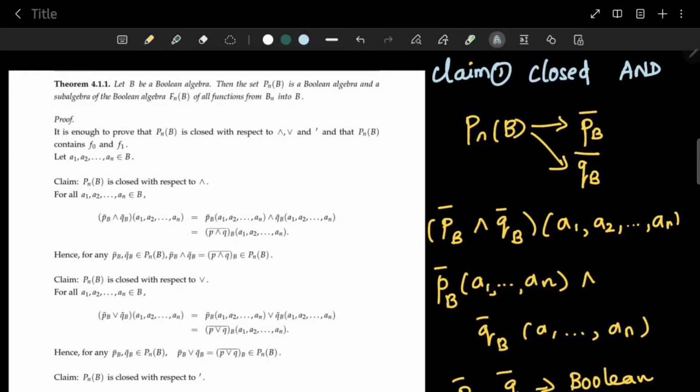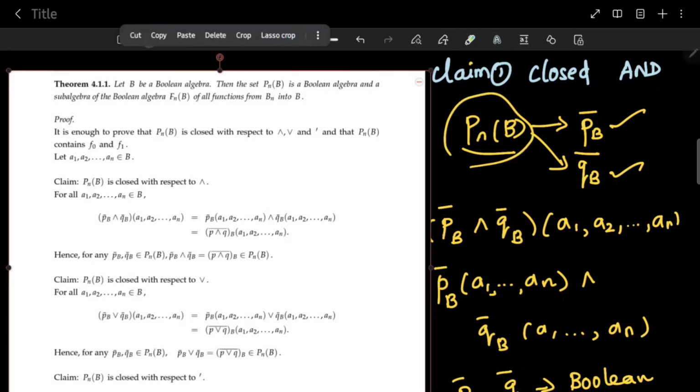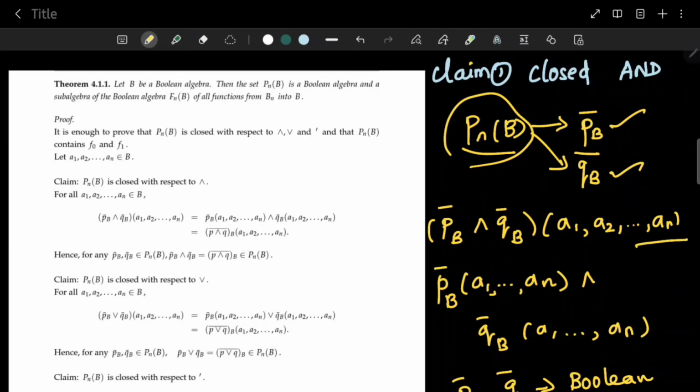Now let's see the first claim, that it is closed under the AND operation. Suppose that p(b) and q(b) are two functions in P_n(B). That is, we take two functions p and q in P_n(B). Then we take (p ∧ q)(a1, a2, ..., an).